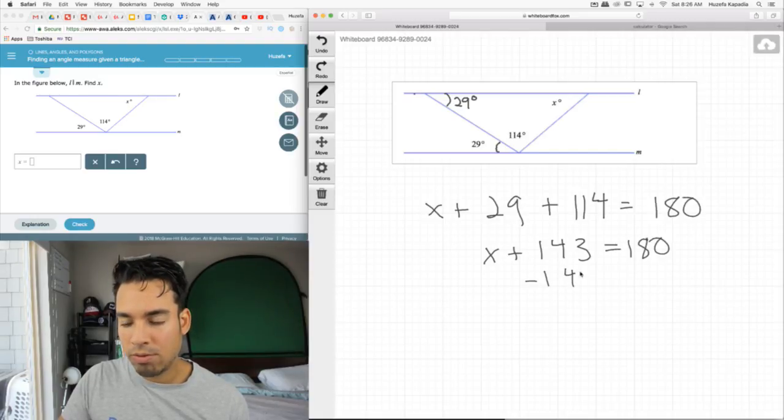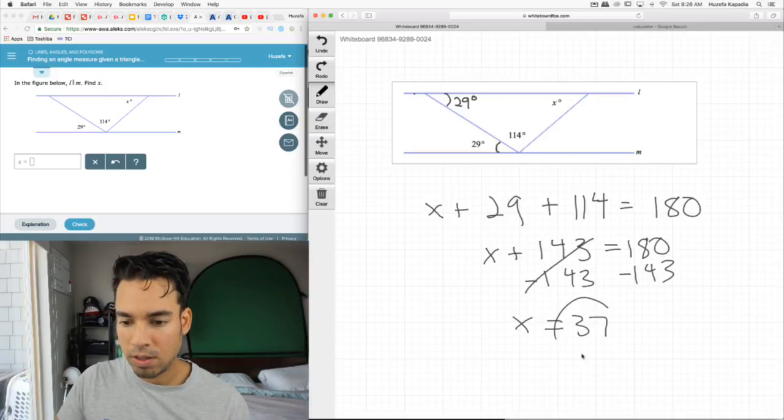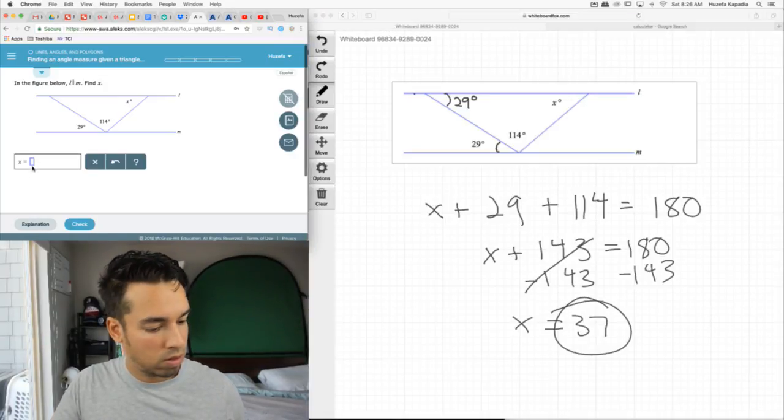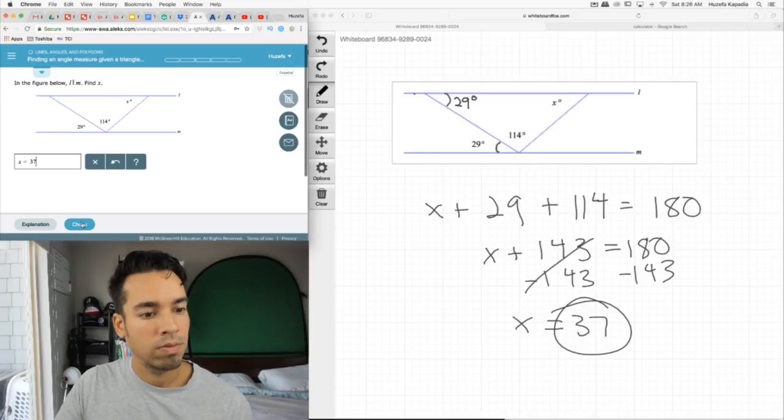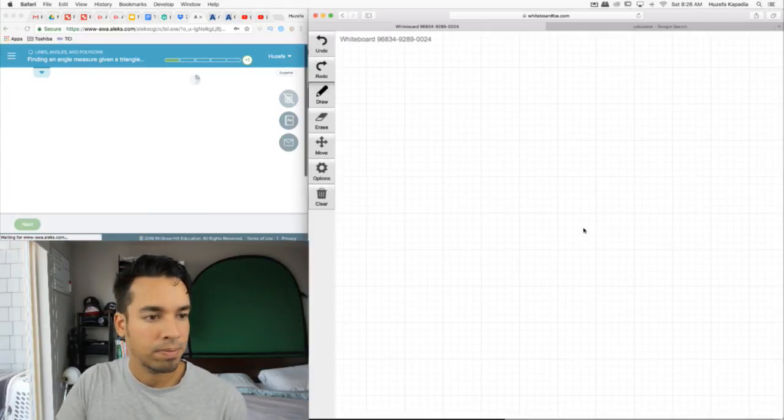Subtract 143 from both sides, and we get x equals 37. Okay, sweet. Next.